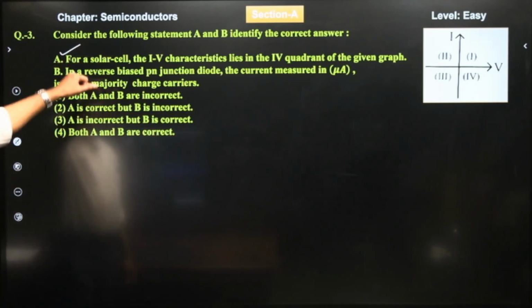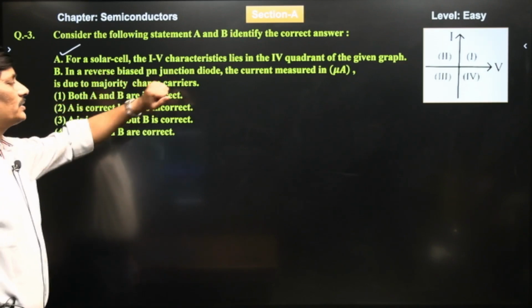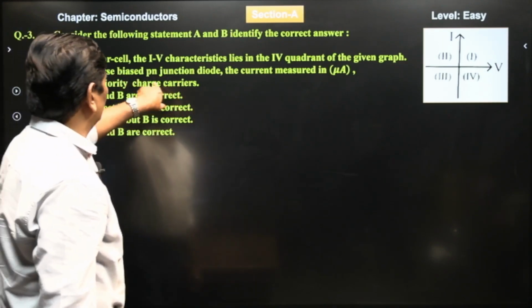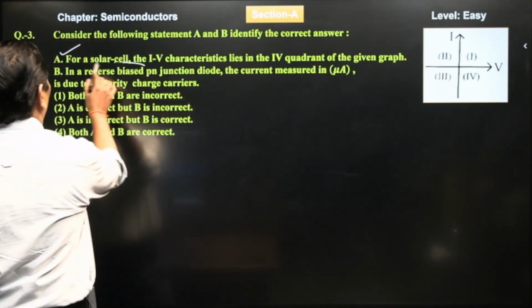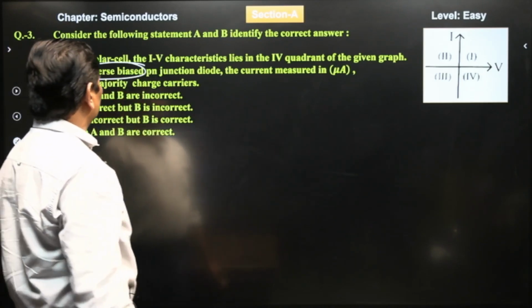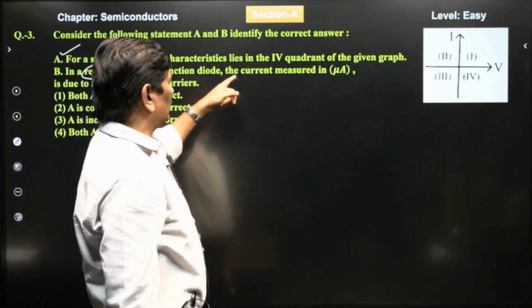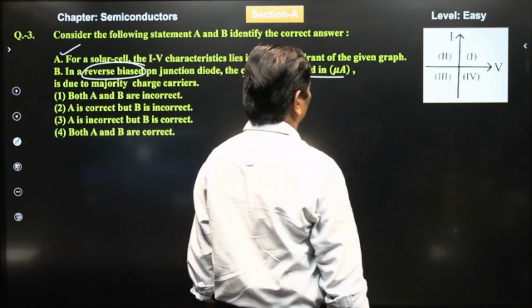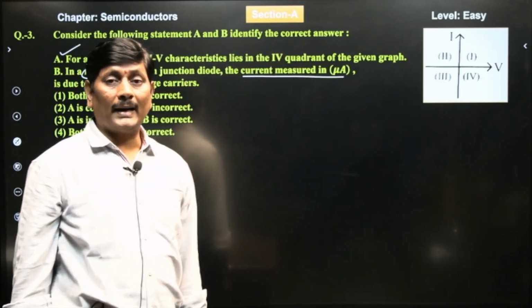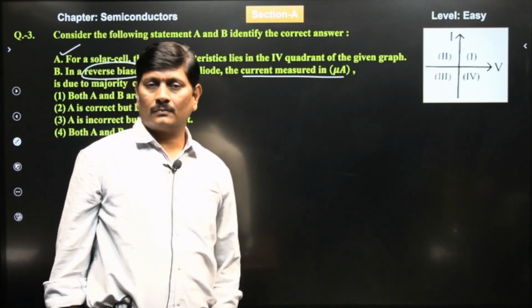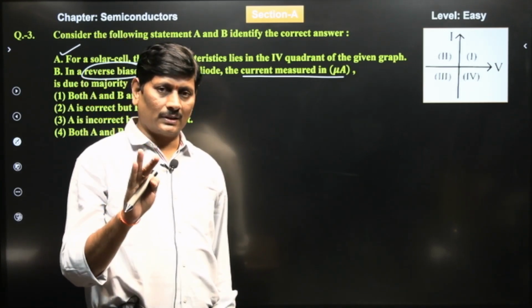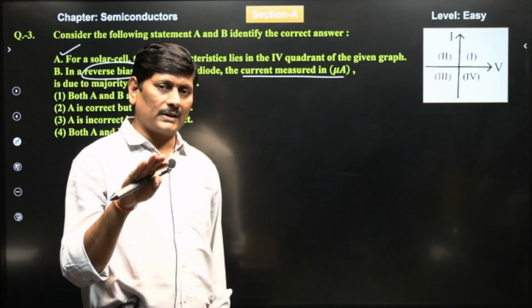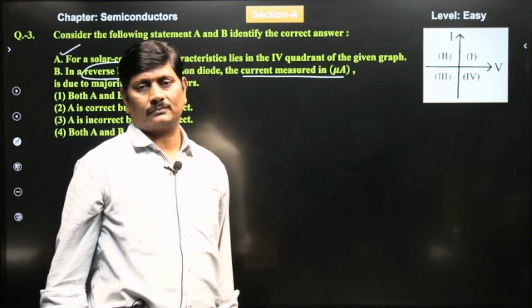Coming to the second statement, in the reverse bias of a PN junction diode, an ordinary diode, they are telling about the reverse bias. So in a reverse biased PN junction diode, the current is measured in microamperes. Very small current is there in the reverse bias. That is due to minority carriers, because reverse bias of the PN junction diode acts like forward bias for the minority charge carriers.